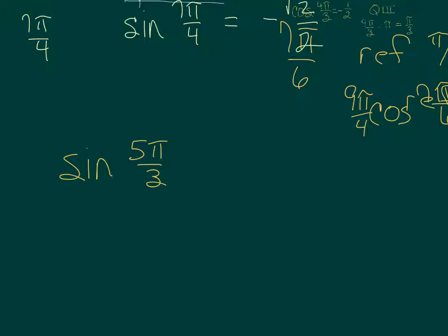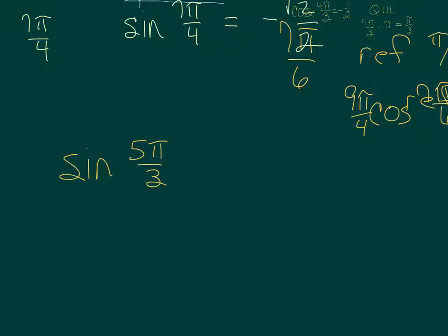So what's the reference angle, Clarissa? Is this reduced to lowest terms? Yes. So what's the reference angle? Pi over 3. What quadrant is this in? 5 pi over 3 is almost 2 pi, right?